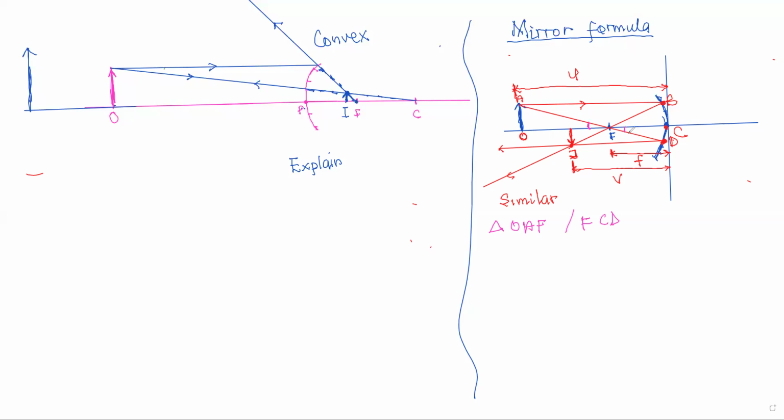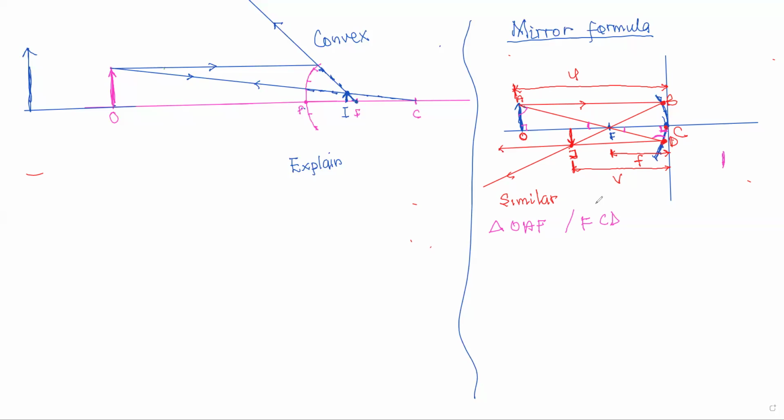Vertically opposite angles are equal. This angle, which is 90, must be the same as this angle here, which is 90. In fact, mirrors are curved, that's why I said just a small aperture, so it just appears like a plane mirror. So if this is 90, this is also 90. Then this angle here corresponds to this angle here. So OAF and FCD are similar triangles.